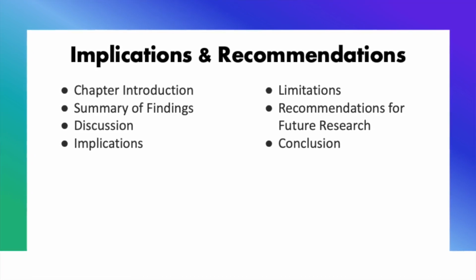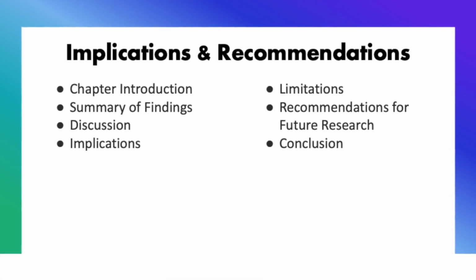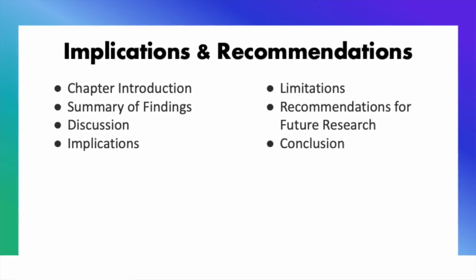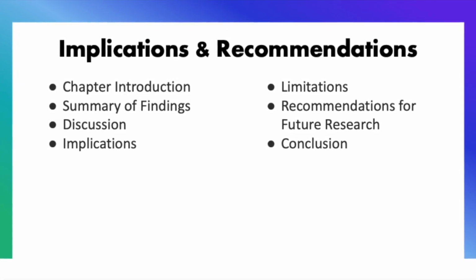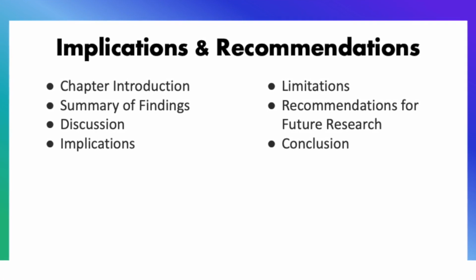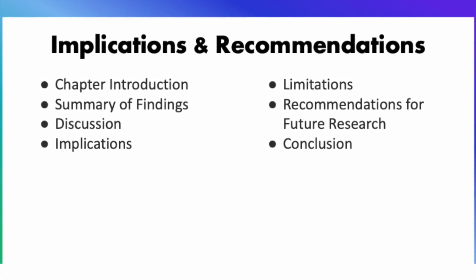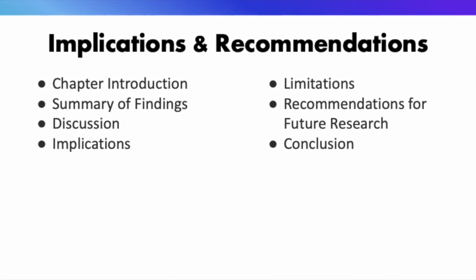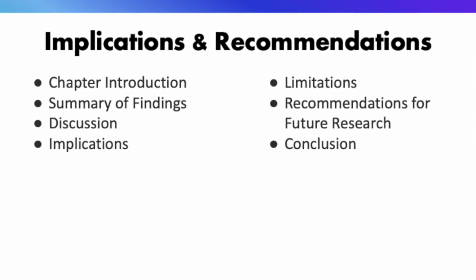Now, your dissertation chair may also want a section in chapter 1 that includes limitations after you talk about delimitations, but you definitely want to talk about what limitations you saw during your research here in chapter number 6. This chapter will also include recommendations for future research and then your conclusions. You'll write a solid conclusion for this chapter.